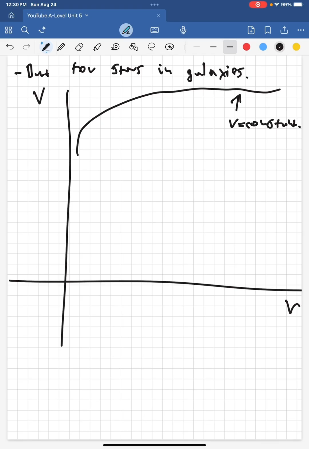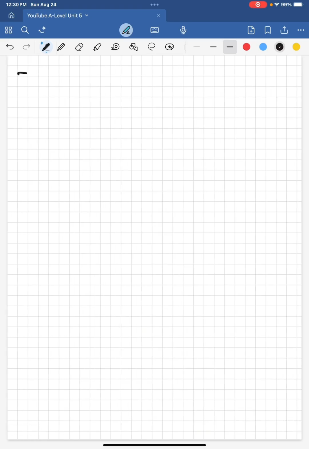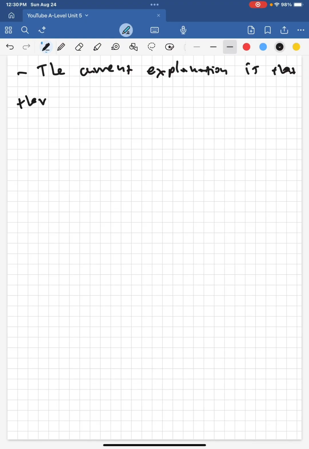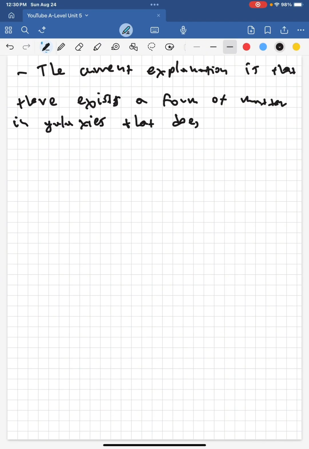Now, how do we make sense of this? The current accepted explanation for this behavior is that there exists a form of matter in galaxies that does not emit electromagnetic radiation, therefore we cannot detect it, okay?